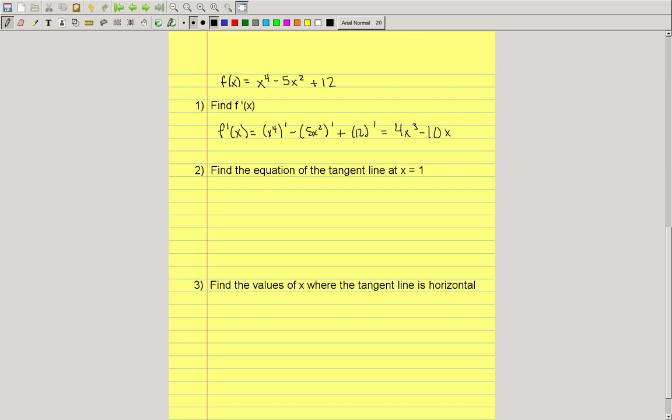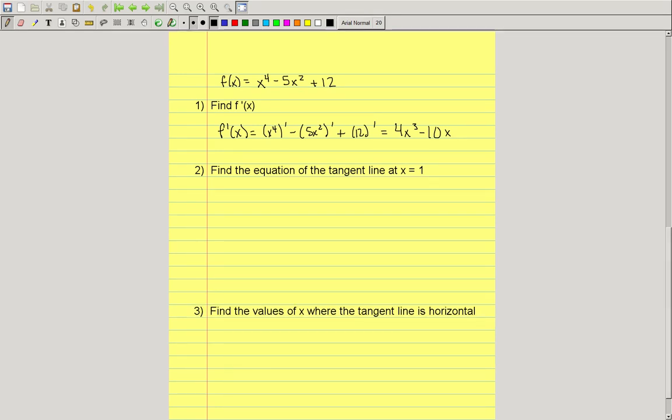And the derivative of 12 is 0 because it's a constant, so we just have 4x cubed minus 10x as our function. What we would like to do now is to find the equation of the tangent line at x equals 1.